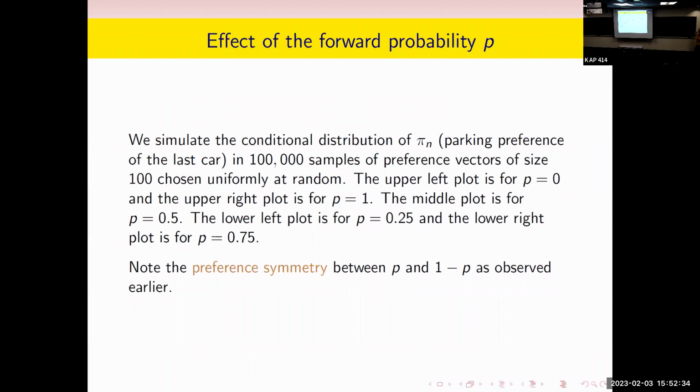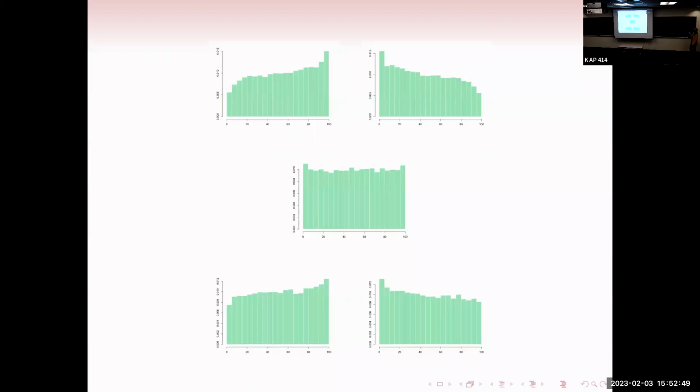We have size 100, which means there are 100 spots and 100 cars. And this is for the last car, so the last car could prefer any spot between 1 and 100. And then this tells you the relative probability.